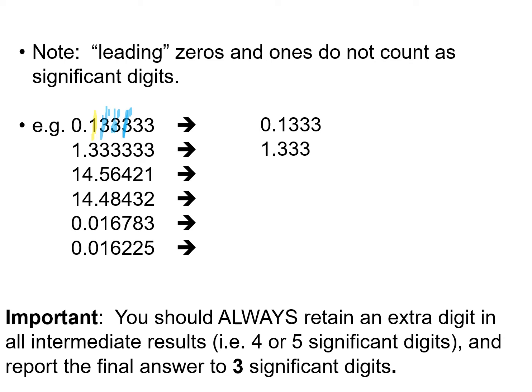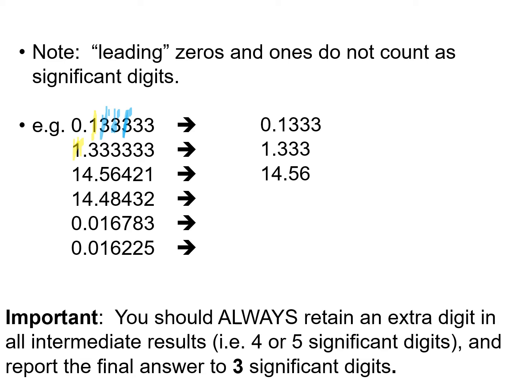Let's look at the next one. 1.3 repeating becomes 1.333. This right here is our leading 1, all right? It's a little confusing, but it's not that hard. So we'll make it a little bit harder. We have 14.56421. Do we have a leading 1? Yes, we do.